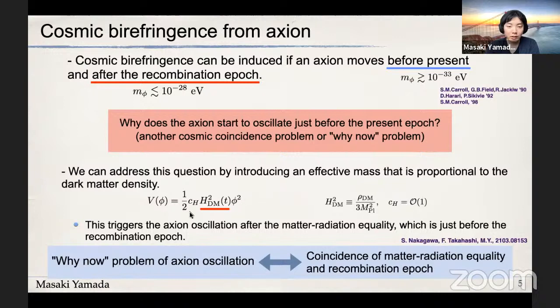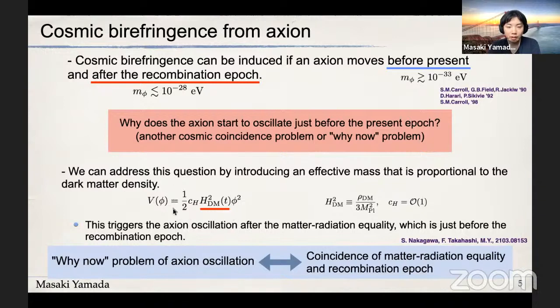So this means that this effective mass term triggers the axion oscillation after the matter radiation equality. And since we know that the matter radiation equality is just before the recombination epoch, this explains the cosmic coincidence problem. Okay. So we explain the cosmic coincidence problem thanks to the coincidence of the matter radiation equality and recombination epoch. Okay. So this is our proposal.